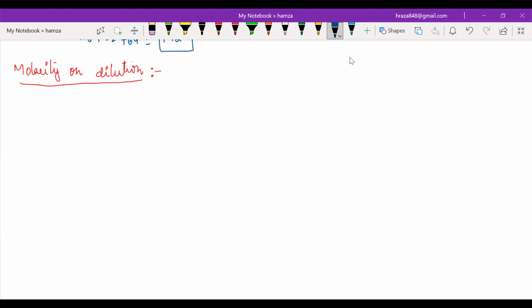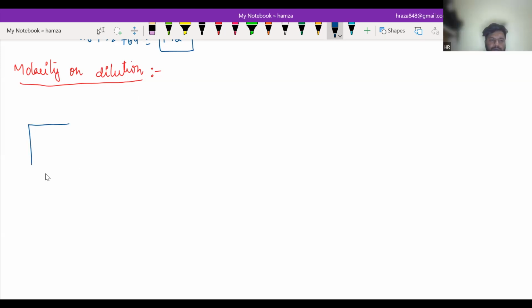Yes, sir. Now see, there is a container which has molarity M1 and volume V1. And here the number of moles of solute is n.